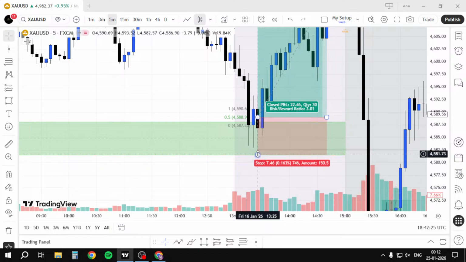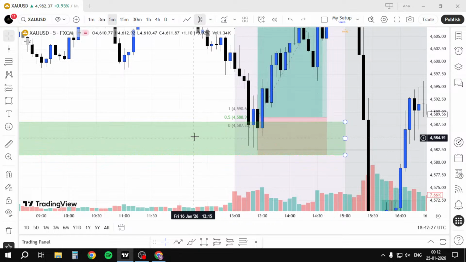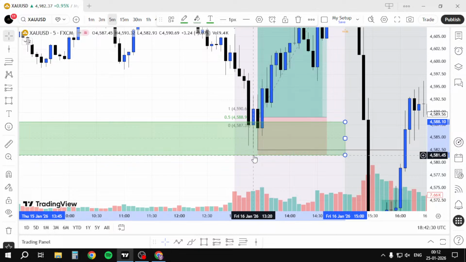But if there is a zone and it's under 100 pips, I prefer you put your stop loss below that zone, not just below the candle, because gold and silver is the only instrument where in every 5 minute time frame, candles take the previous candle's lower or upside liquidity, then continue the move. Always this happens. You can see.